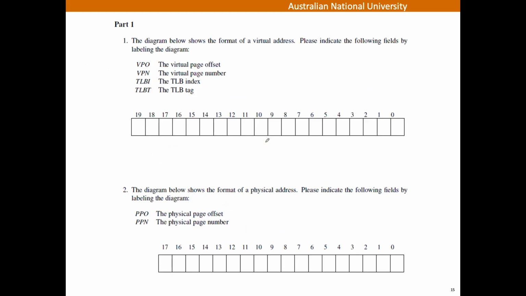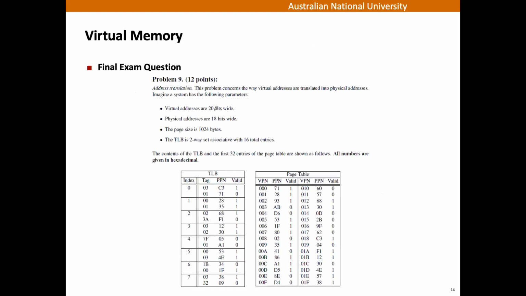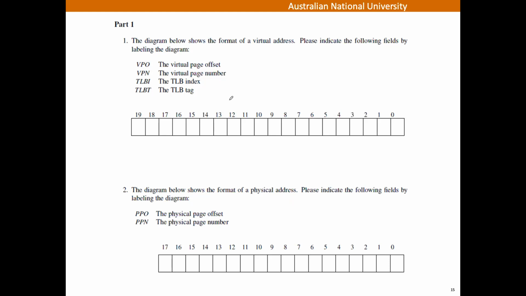Okay. Question number 1. The diagram below shows the format of a virtual address. So remember, we have a 20-bit virtual address. Please indicate the following fields by labeling the diagram. How many bits do I need for the virtual page offset?